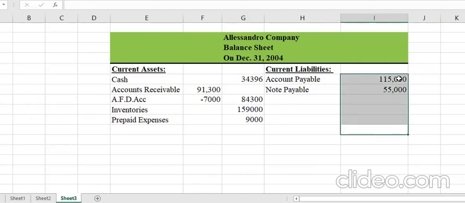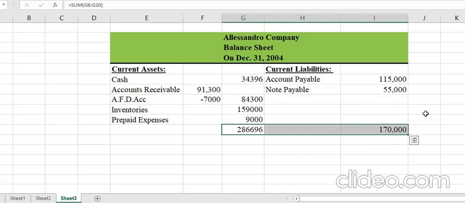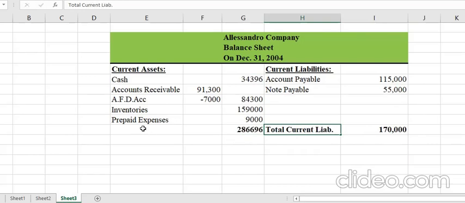We can find the total of the current liabilities, 170,000, and we can get the total of the current assets as well. I can bold the values as well. You can write there the total of current liabilities and the total of the current assets also.